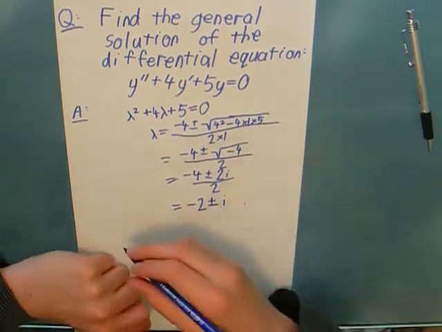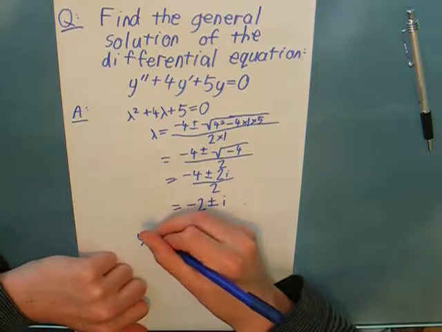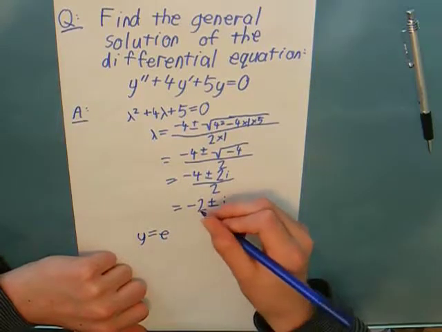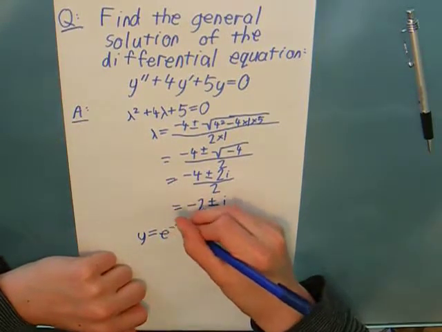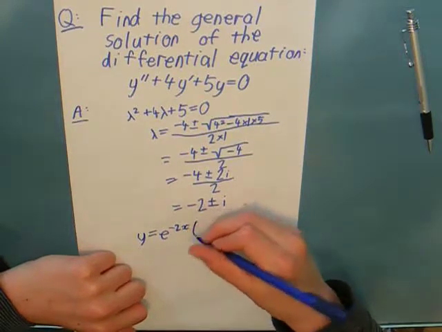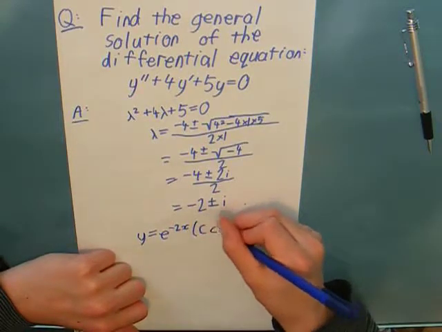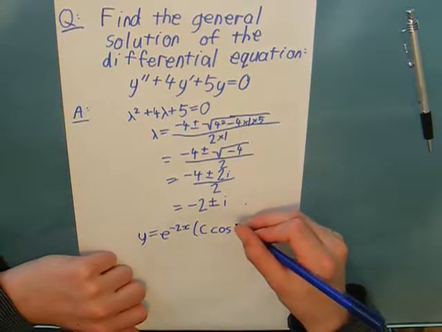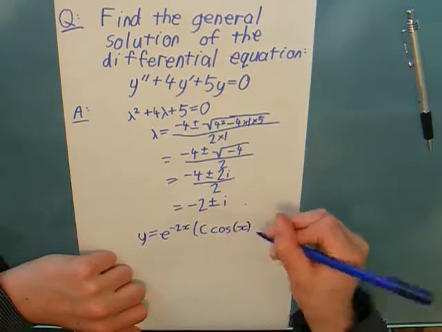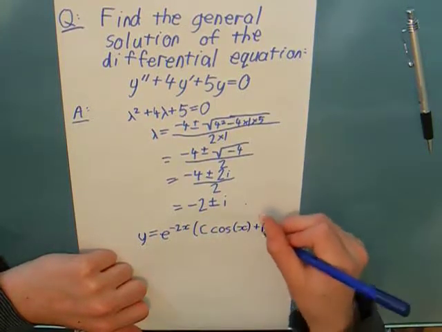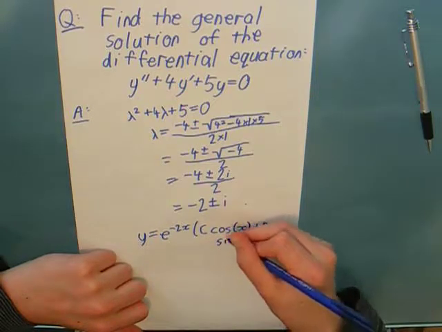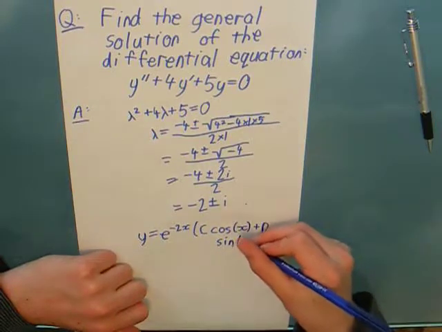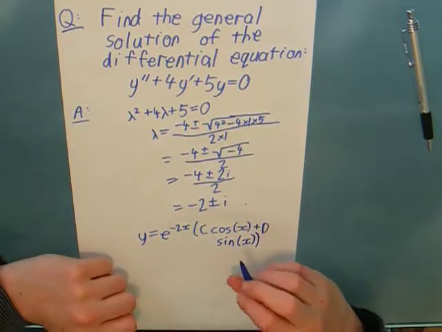So, the general solution is going to be y equals e to the power of minus 2x times c cos of the coefficient of the i, x, well there's just one, it's not there, so x, plus d sine of the same number, in our case x, where c and d are arbitrary constants.